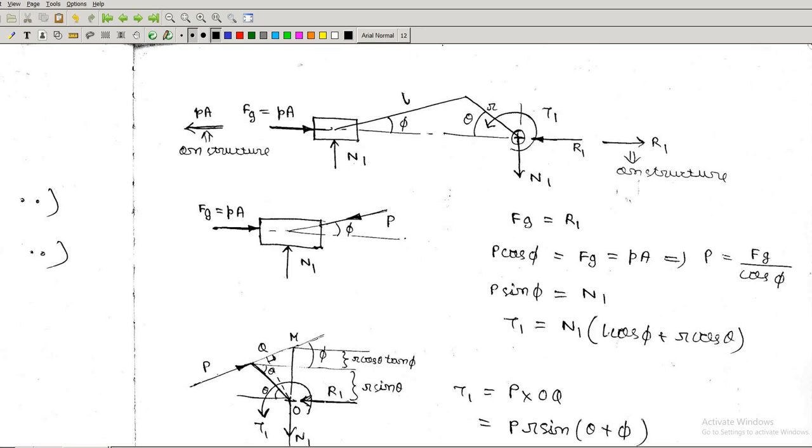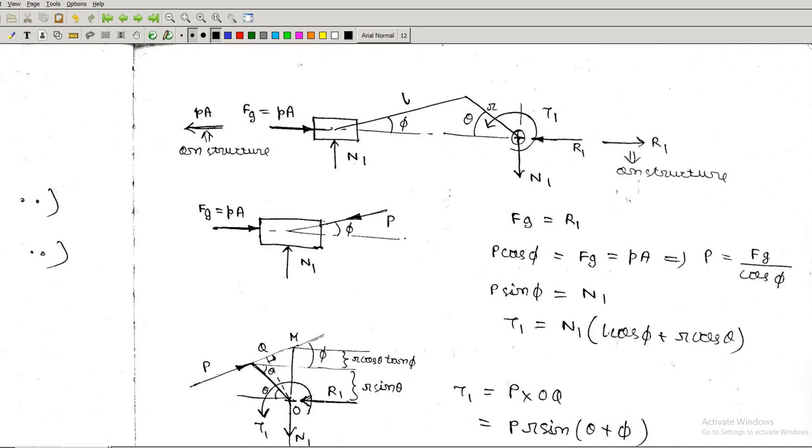This T1 is coming because we are considering it as a problem of statics, and someone is holding the crankshaft and preventing it from rotating. Due to that, T1 is coming. Also some R is coming. Here I made a mistake. N1 is not going to the bearing.